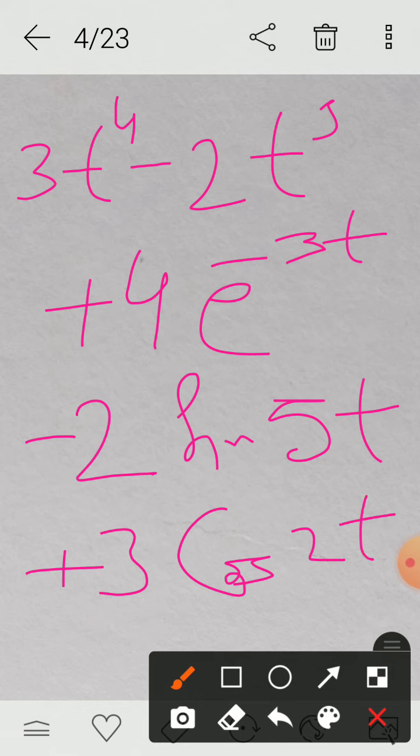Such types of questions you can solve by using the linearity property of Laplace transform.